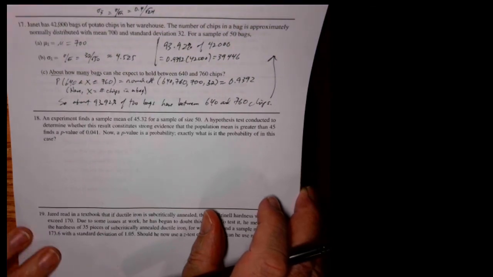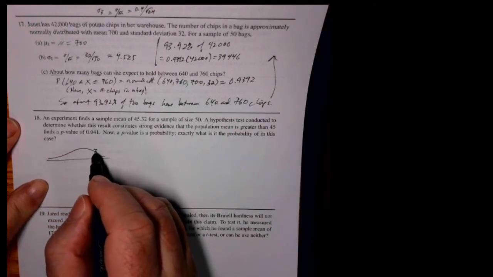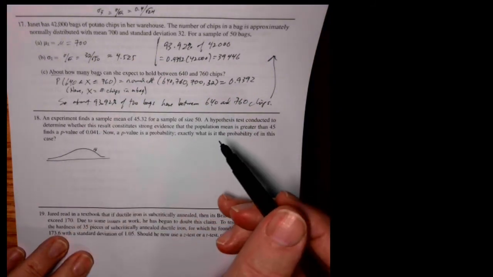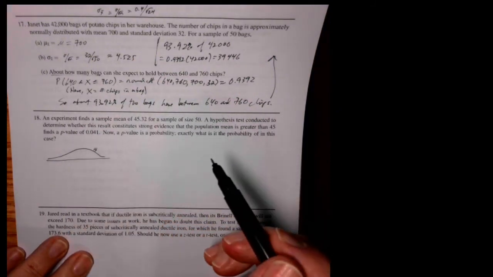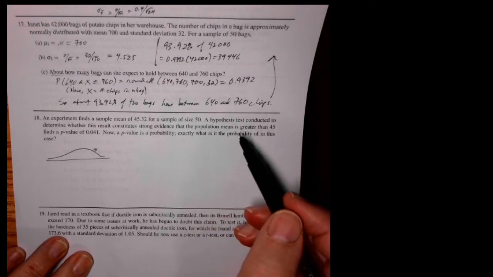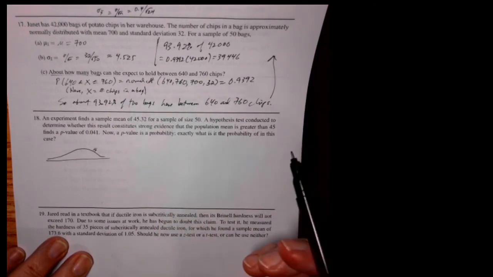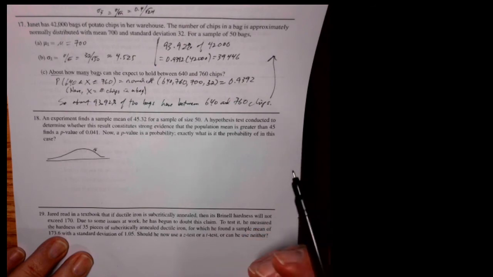Probably the easiest way to understand this is to draw a picture. So here's a picture of the x-bar curve. This experiment was conducted to find out whether a particular sample mean, 45.32, constituted strong evidence that the population mean is greater than 45.